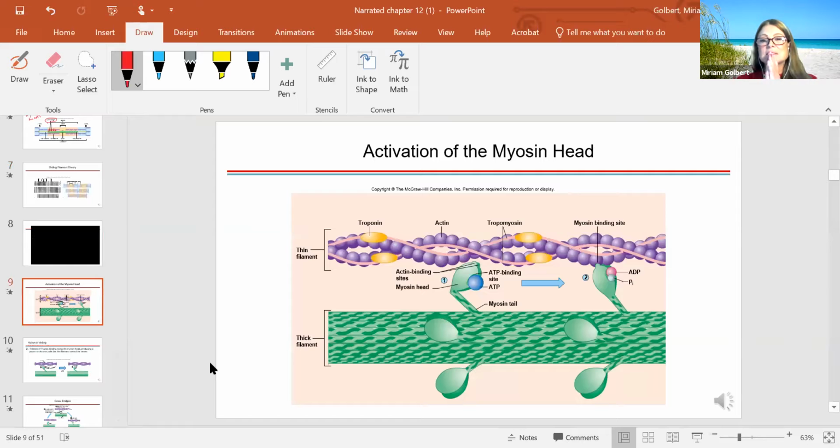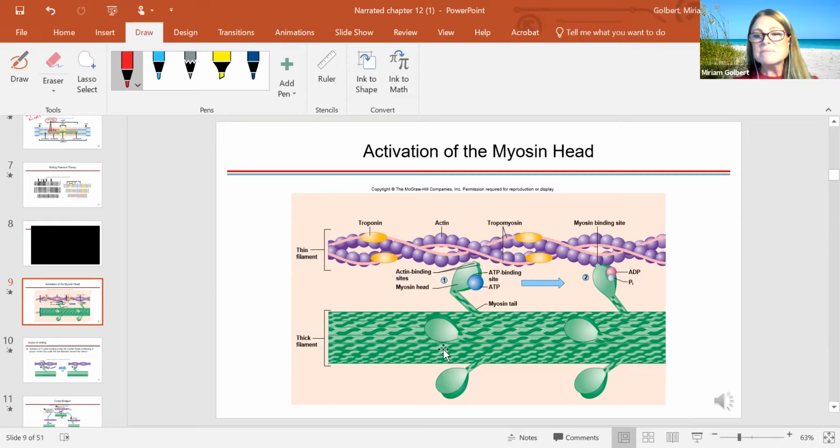So this is one of my favorite pictures, or drawings, because it kind of tells you everything you need to know on muscle contraction. So here we are focusing on one major myosin, which is all this green. And as I mentioned, the myosin has this myosin head attached with a myosin tail to the big central fiber here.